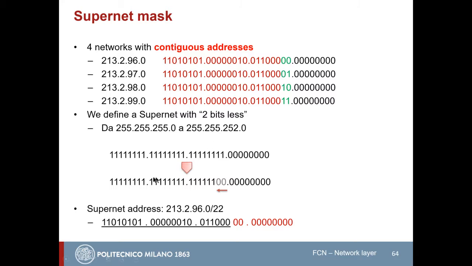And this means that we will be able to represent all the 4 networks with a single network prefix, which in decimal notation would be 213.2.96.0/22. Before we had /24.